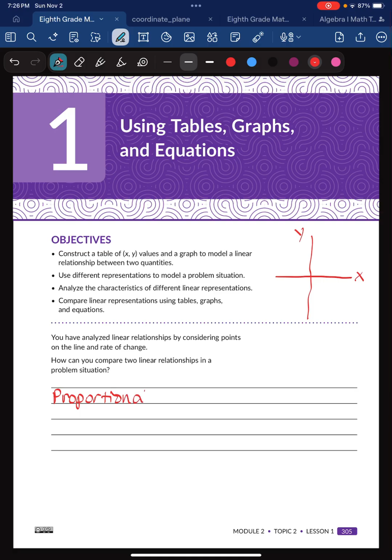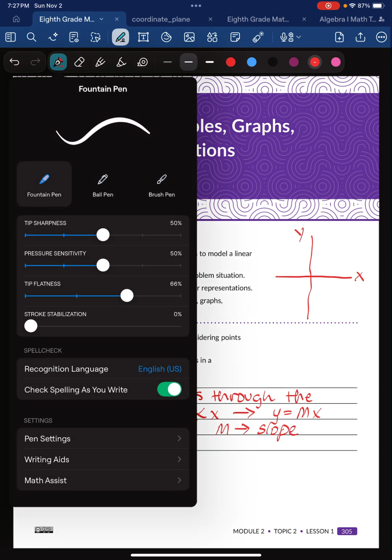Proportional relationships pass through the origin, and they are modeled by the equation y equals kx, which we now change to y equals mx. M is the variable that represents the slope.